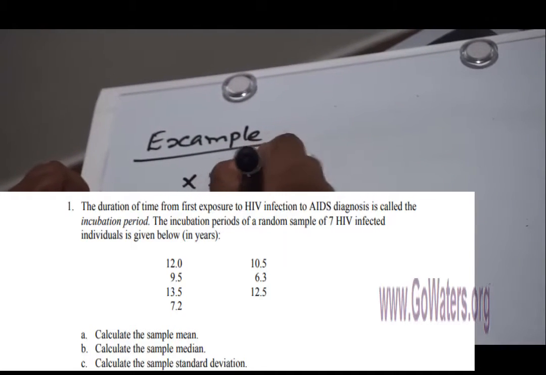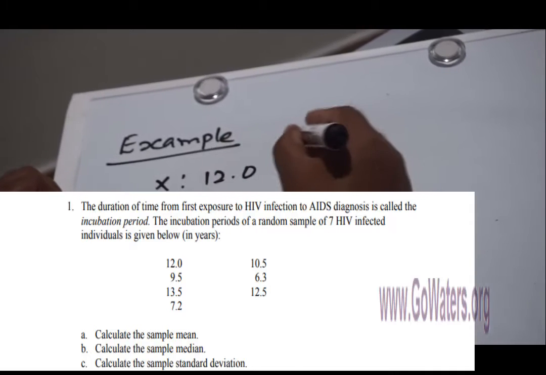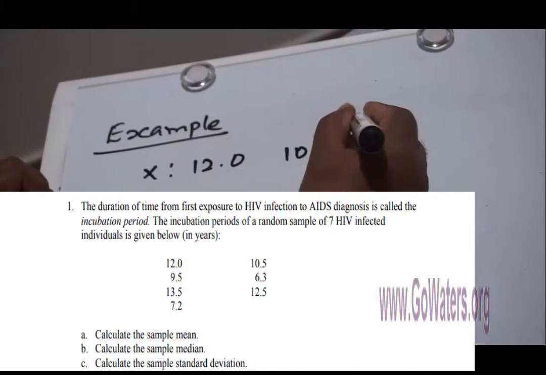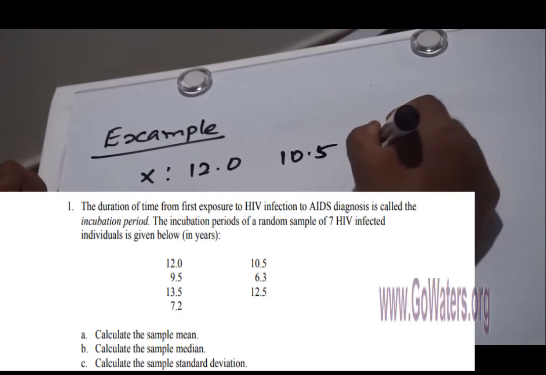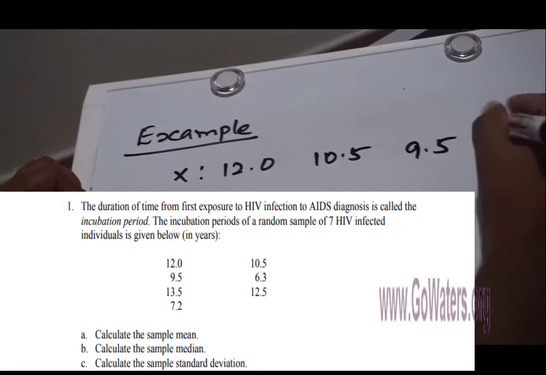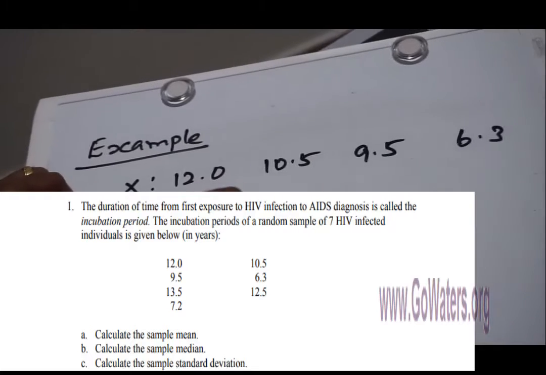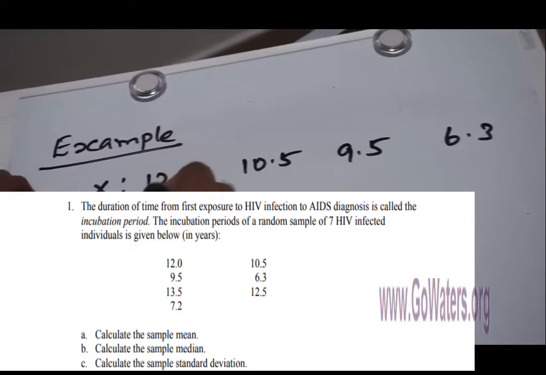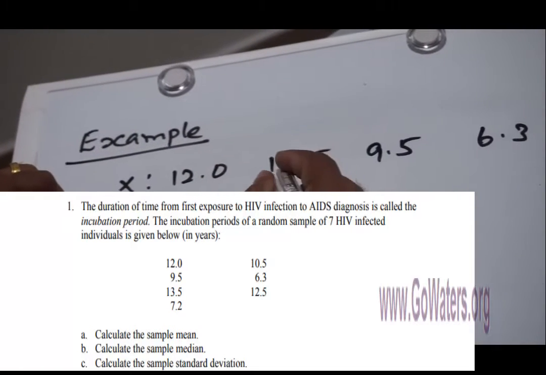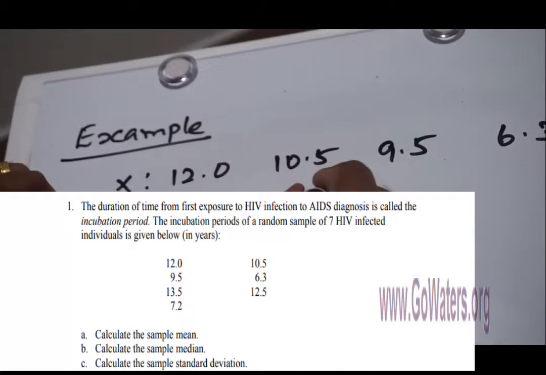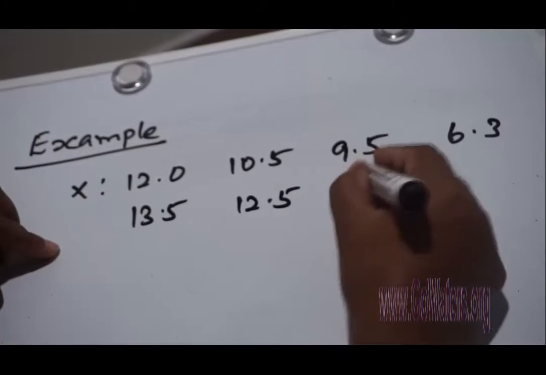So 12 years, 10.5, 9.5 years, and then 6.3, 13.5, 12.5, and 7.2.